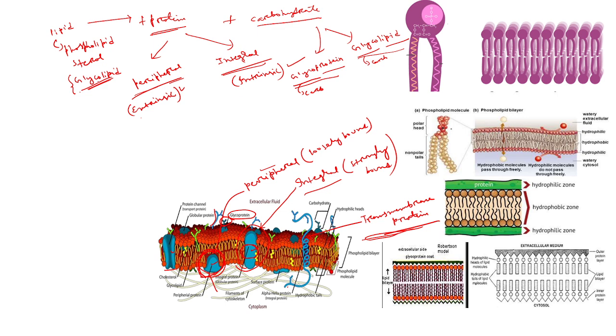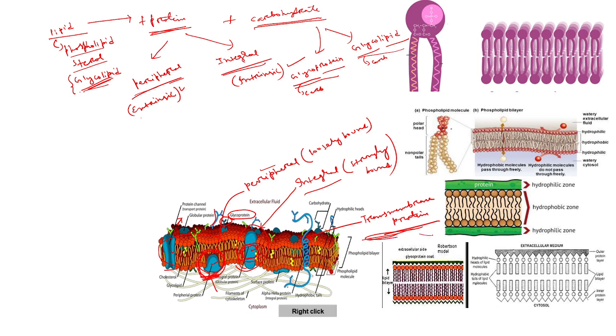So in summary, in the plasma membrane, lipid plus protein plus carbohydrate are present. Among the lipids, one is the phospholipid and the sterol, which are present in the plasma membrane. Another is the glycolipid, which is present at the outer side by binding with the carbohydrate. Another is the protein. There are three types of protein. One is the peripheral protein, which is present at the periphery. Another is the integral, which is buried in the inner part of the plasma membrane.